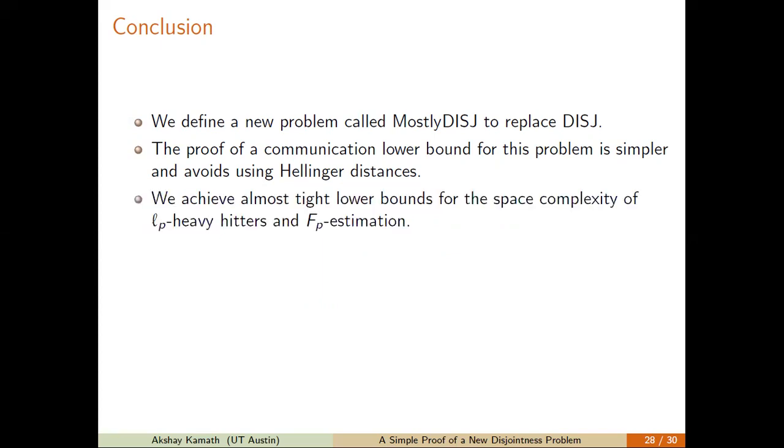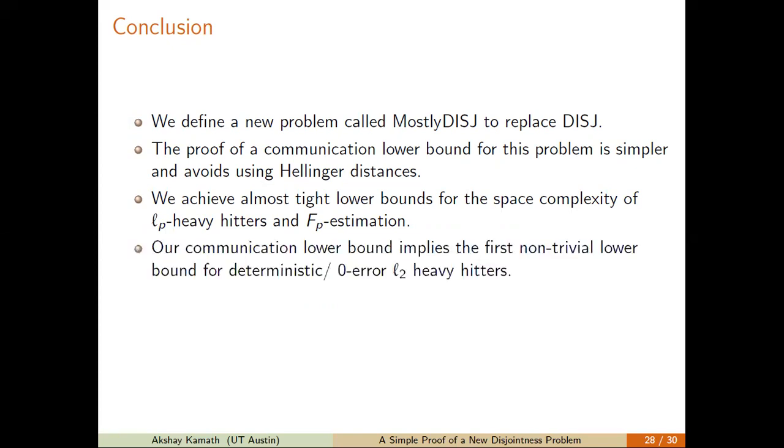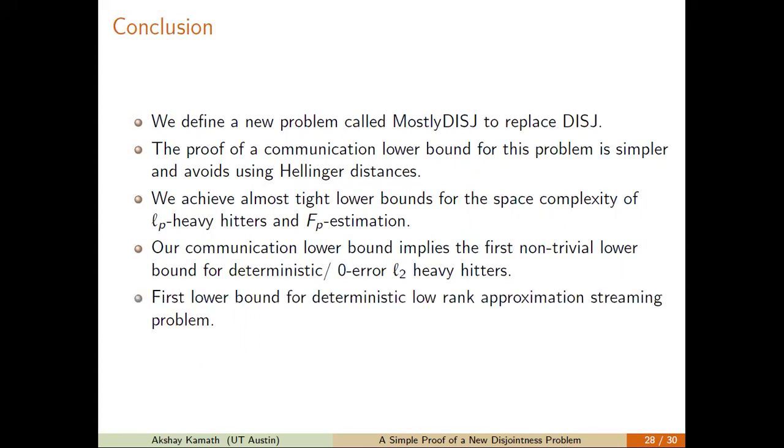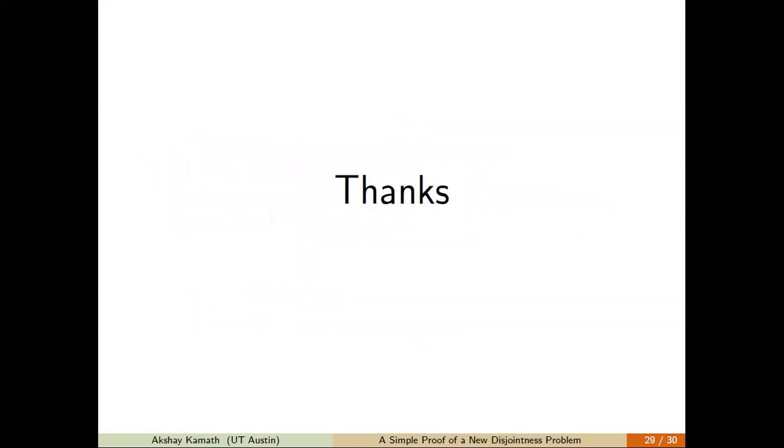We also prove better lower bounds for many problems, like the LP heavy hitters problem and the FP estimation problem. We show an almost tight lower bound for deterministic or zero error L2 heavy hitters. And we show a first polynomial lower bound in D for the low rank approximation streaming problem. Thank you.